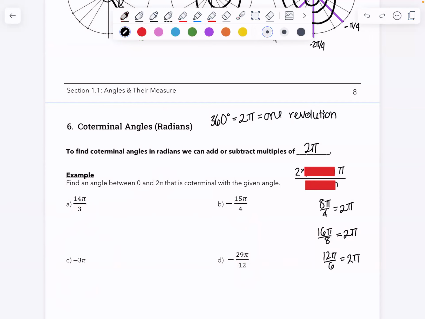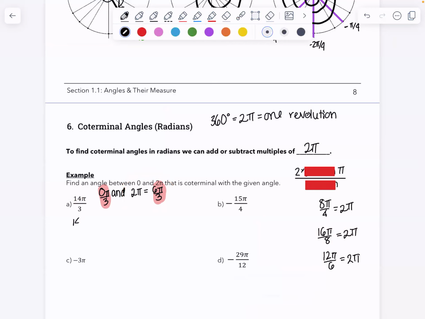For this first one, A, 14 pi over 3, we're looking for angles between 0 and, instead of 2 pi, we're going to write this with the denominator 3, so 6 pi over 3. So we want an angle between 0 pi over 3 and 6 pi over 3. 14 pi over 3 is too big, so we need to start subtracting 2 pi's.